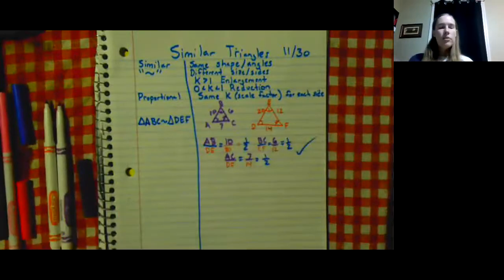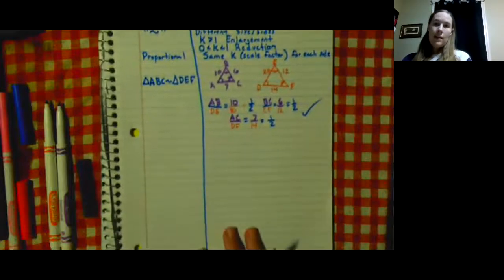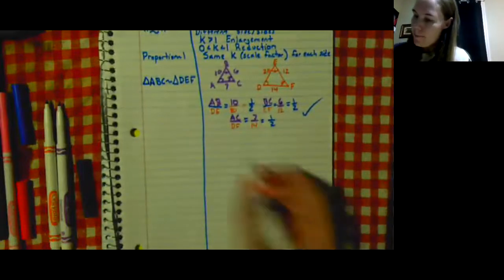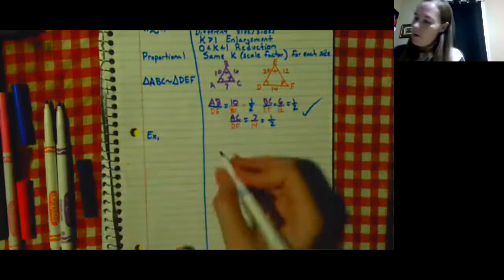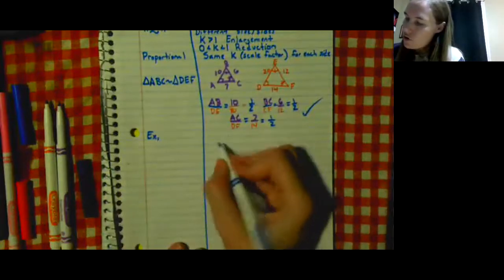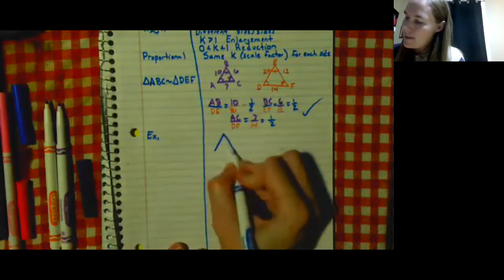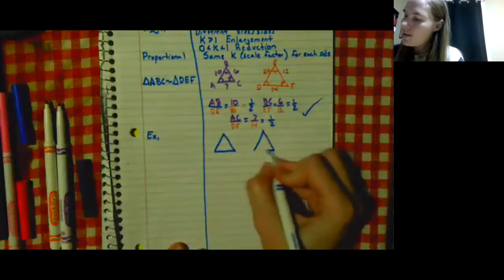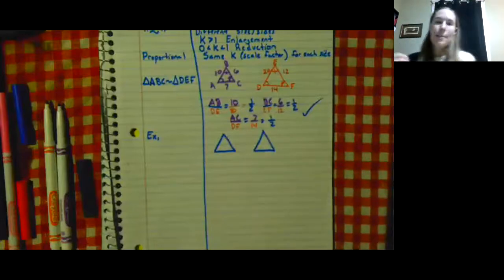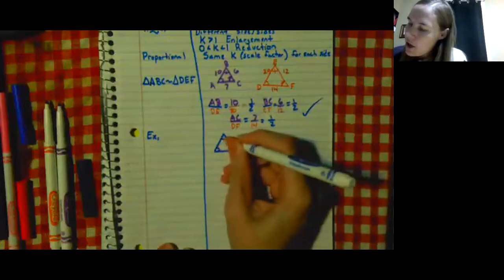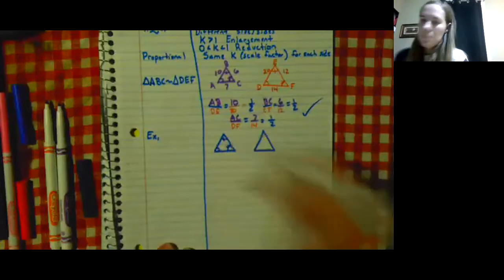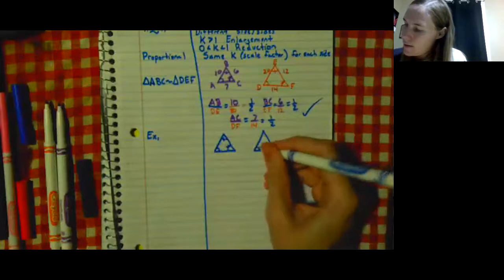We can also use these proportions to our advantage when we're solving. Say we had two triangles, like this. Even though these look congruent, that's just because I'm a terrible drawer, and it doesn't matter because I'm going to be labeling them anyway. I know they have the same angles because of these markings.